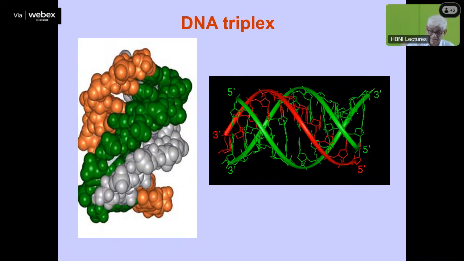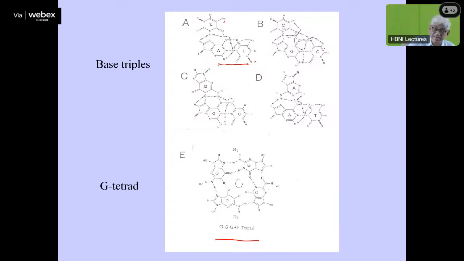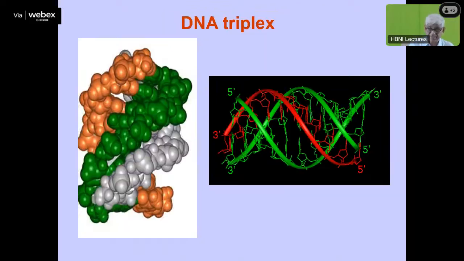As I showed you there, it is in the major groove. This side is the minor groove of the DNA, and this is the major groove. In the major groove, it is coming and binding with the base pair through two hydrogen bonds. Therefore, the third strand always comes in the major groove of the duplex DNA. And the red strand is the third strand.